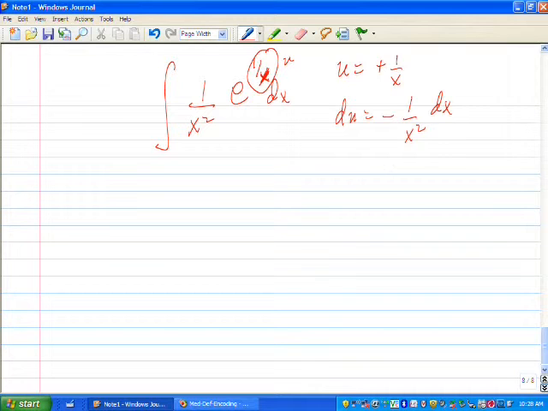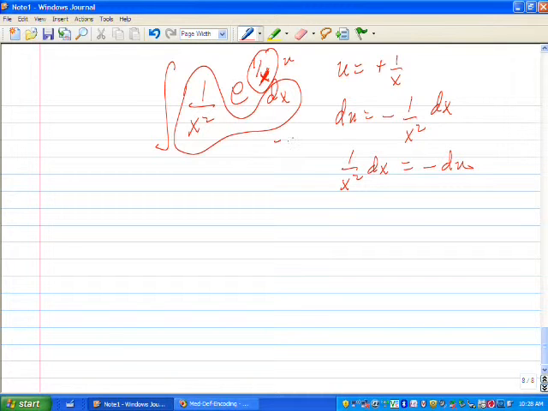So 1 over x squared dx is equal to minus du. That means that this portion gets to be minus du, so the whole integral becomes minus the integral of e to the u du.